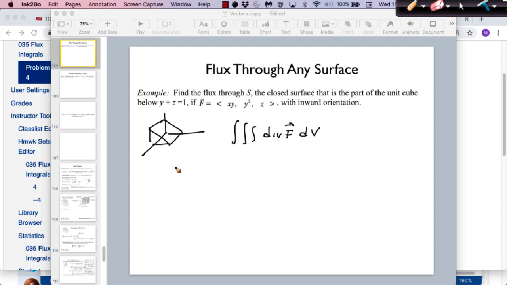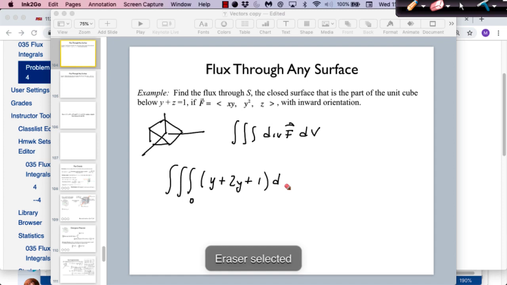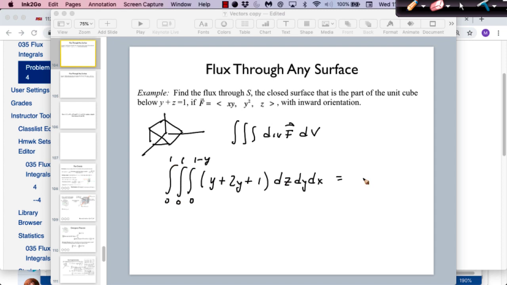What's the divergence of F? y plus 2y plus 1. Okay? And that's going to be from 0 to, so we'll do dz, dy, dx. So z will go from 0 to 1 minus y, and then x and y go 0 to 1, 0 to 1.